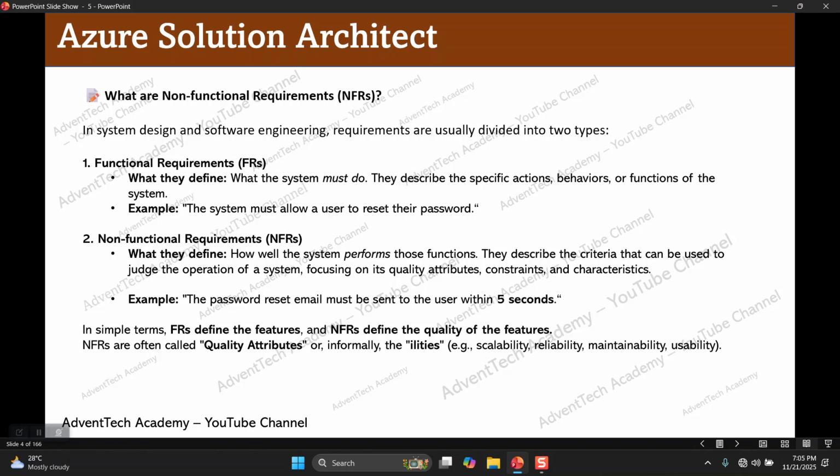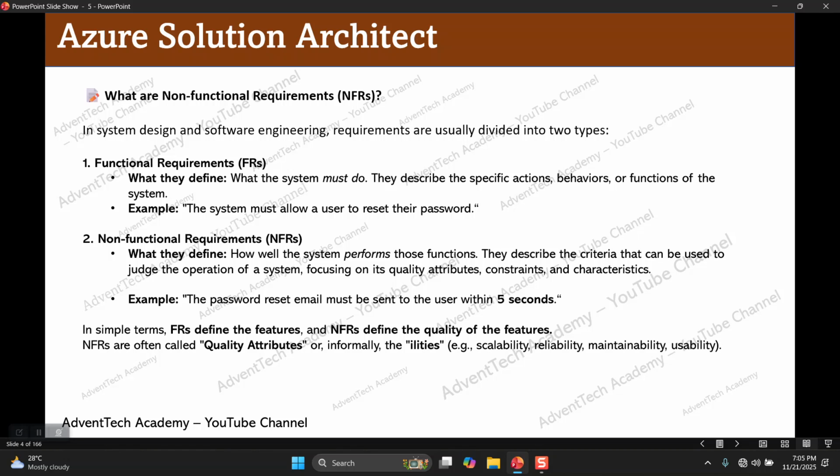What is a functional requirement? As a solution architect, when we design software systems or cloud infrastructure, the functional requirement defines what the system must do, what the software application will do, what the web app will do, and what the cloud infrastructure will be used for.